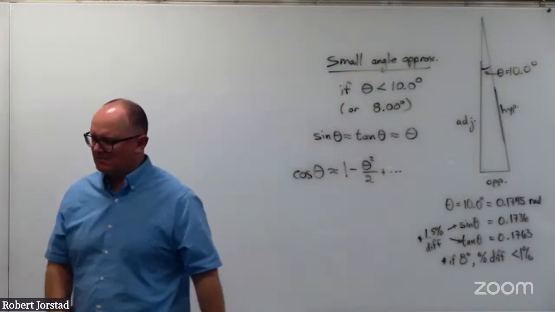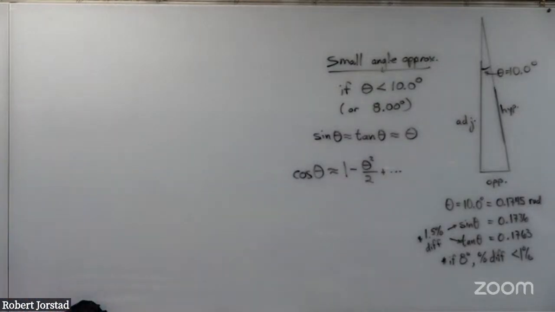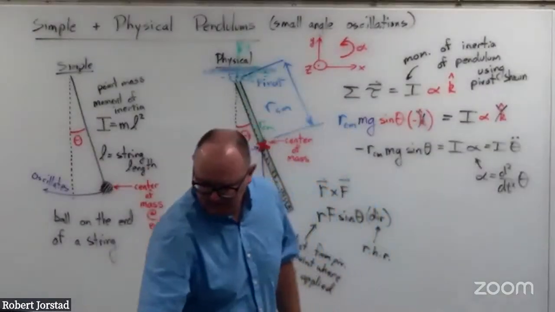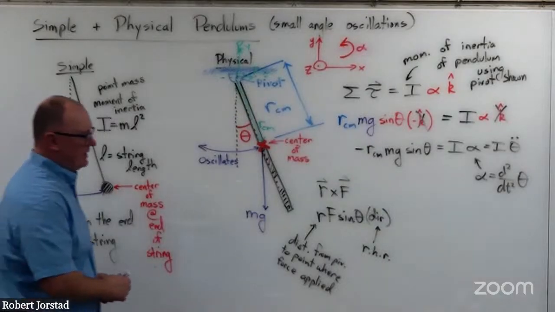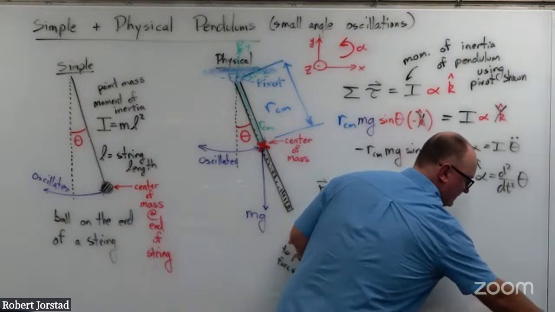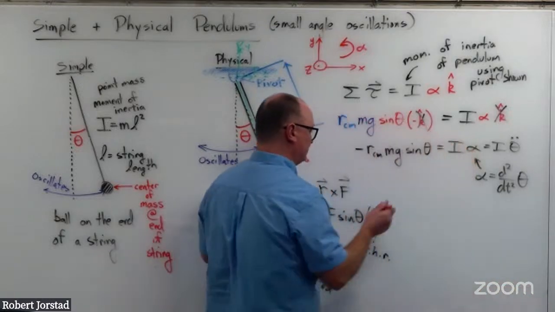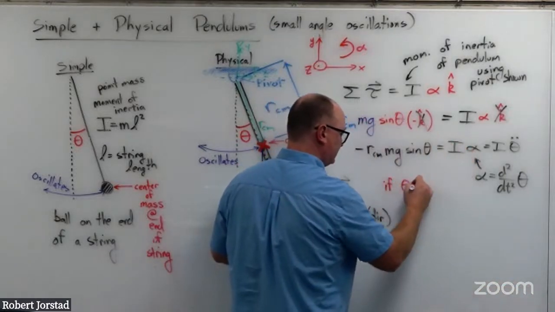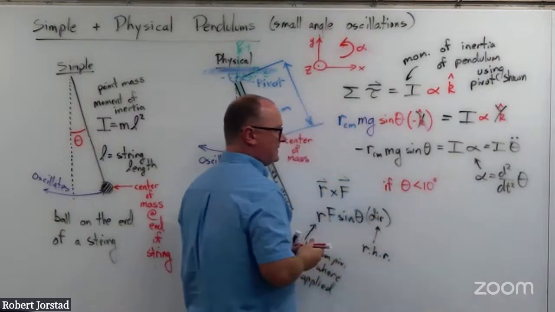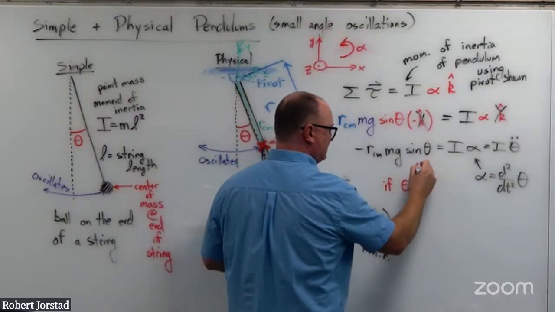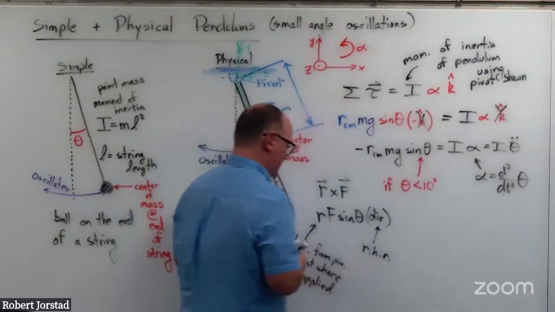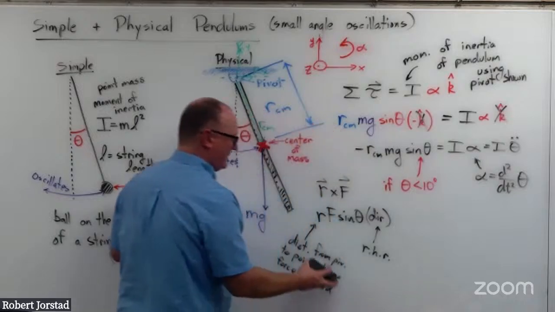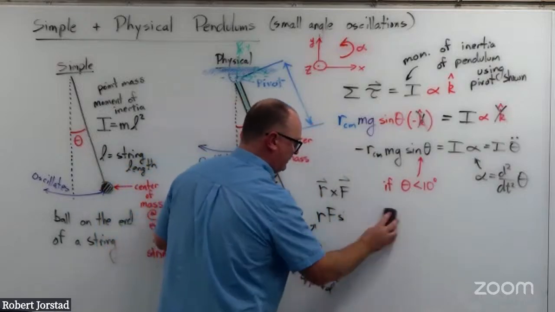Okay, let's go back to our board and use this. Make sure it's focused there. This is what I wanted to point out. If theta is less than 10 degrees, we can simplify this. And then I would like to erase this right here just so I have room to work.